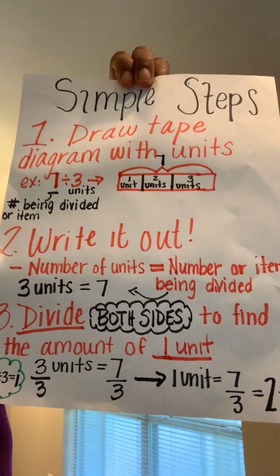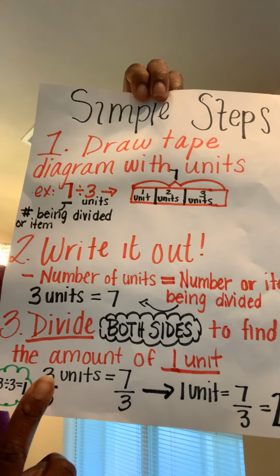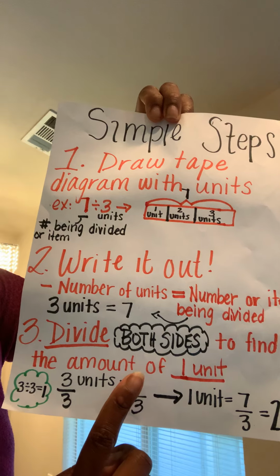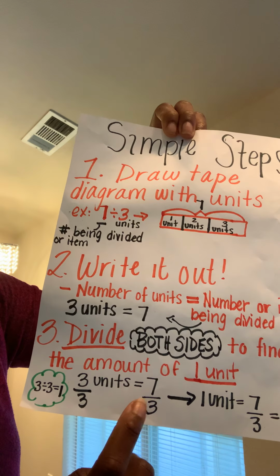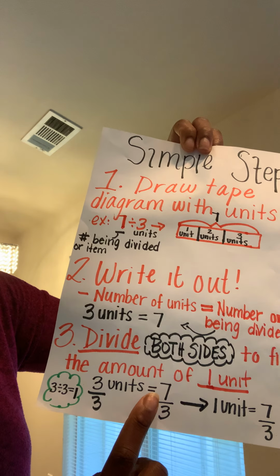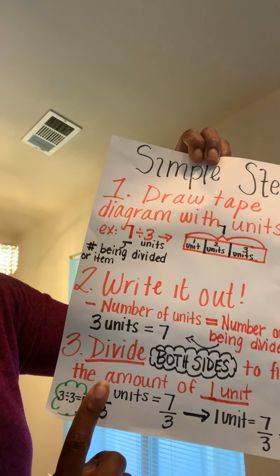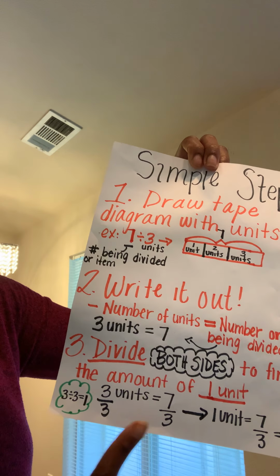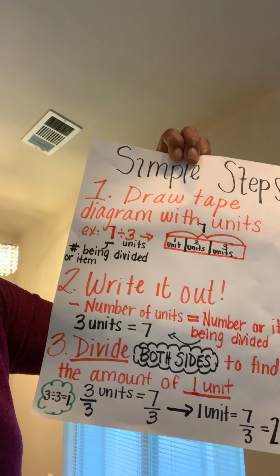So we've got the same thing written out. 3 units is equal to 7. Now I'm going to divide my 7 by 3. And you see, I've divided my 3 by 3 as well. So we've done the same thing on both sides.